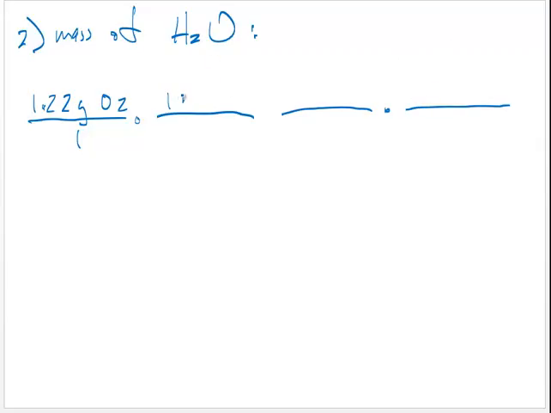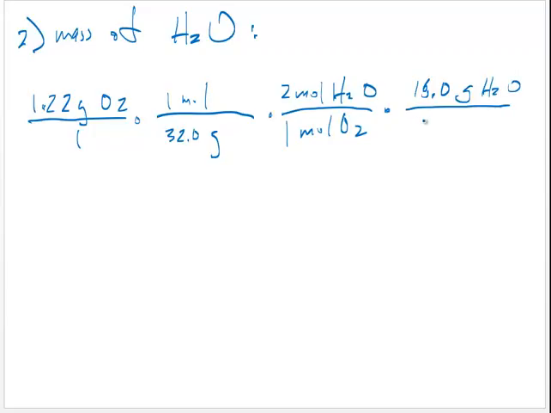All right, so that's 1 mole over 32 grams, and then that's going to be 2 moles of H2O over 1 mole of oxygen. And we're going to multiply that by the molar mass of water, which is 18 grams.